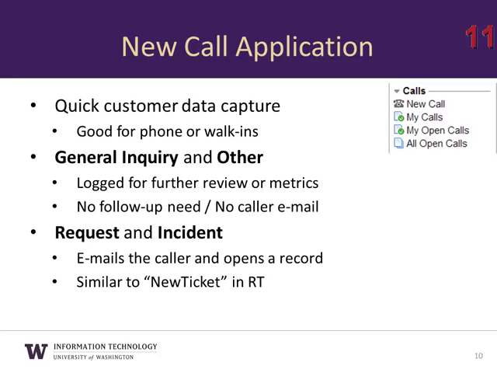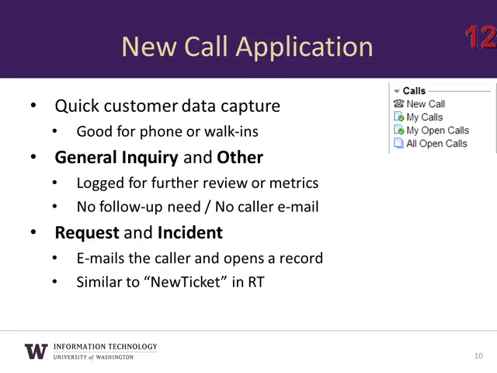We're going to have two destinations for a new call. Well, you could log it as general inquiry or other, and that could be anything you want to keep in your logs. That won't generate any customer email, and there's no obligation to follow up. So it's just a log of information. You might want to track this over time. You also have the ability to take a new call and turn it into a request or an incident.